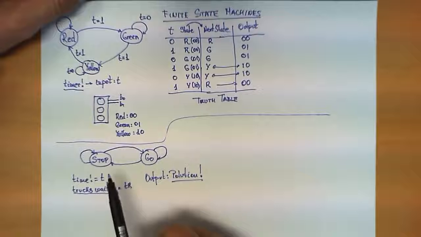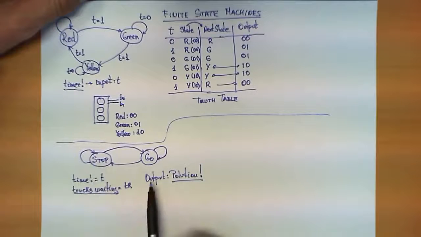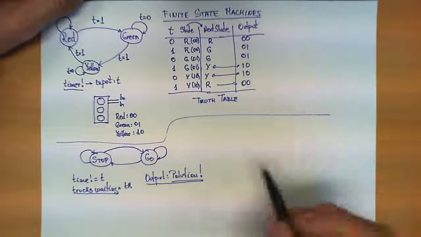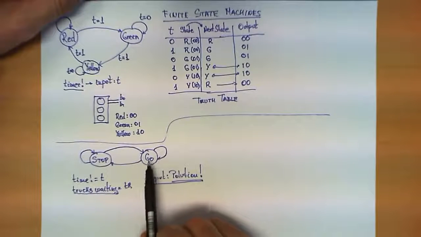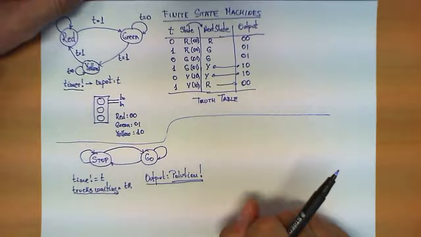In other words, when we have all traffic that has stopped and the truck sensor detects trucks that have been stopped here, then the output of my machine should be 1. However, when the traffic is circulating, when there is no traffic stop, then I should ignore this trucks waiting signal and the pollution should be 0.